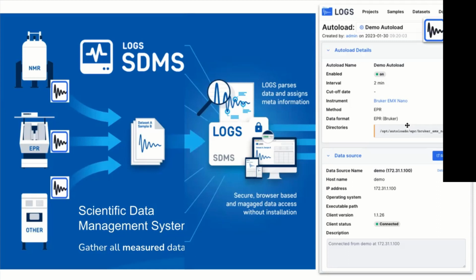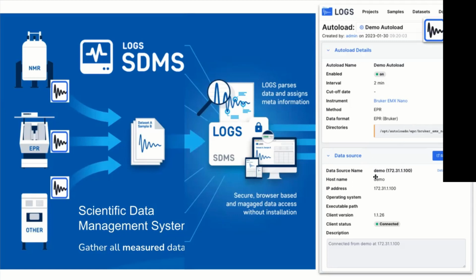And you can configure this client or logs. You can configure logs to automatically search and recognize data and already link it to the measured data right here at the beginning, right? So with the birth of the data, if you will, we've already striven to connect the metadata, which later on becomes so important.